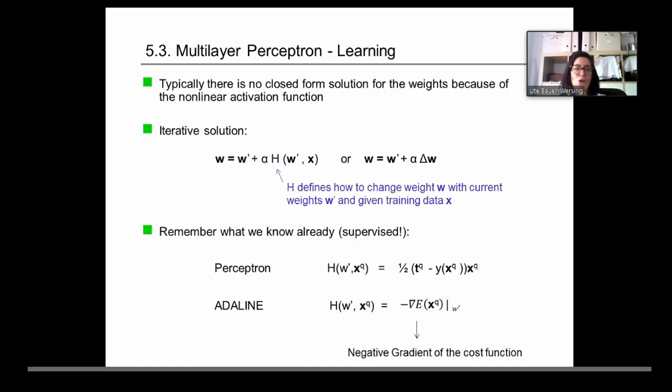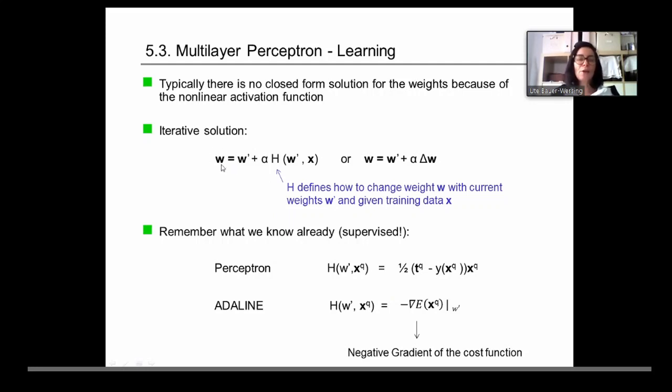So the approach that we are taking is the same as we did in chapter 3: we find the solution by an iterative method. So we are updating the weights step by step.